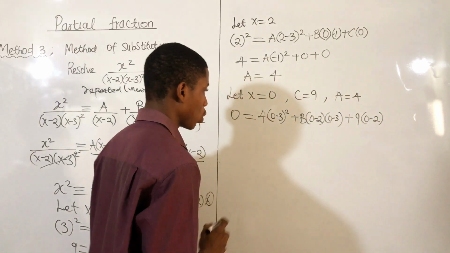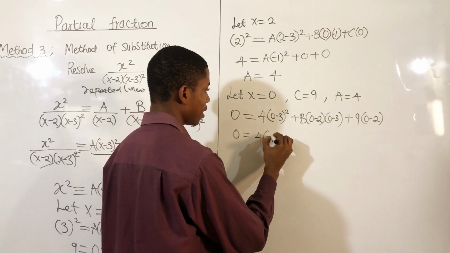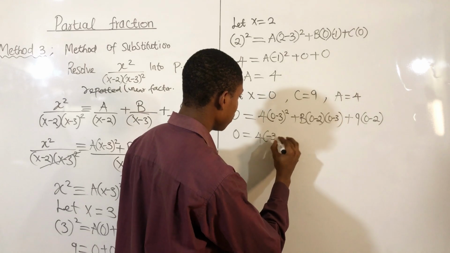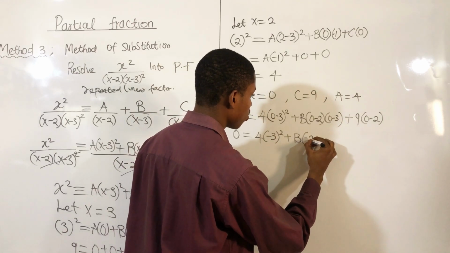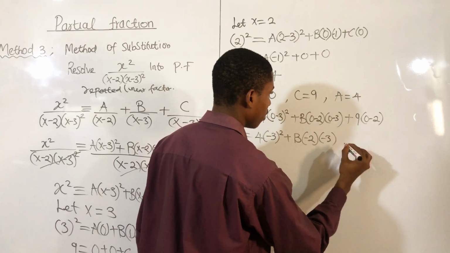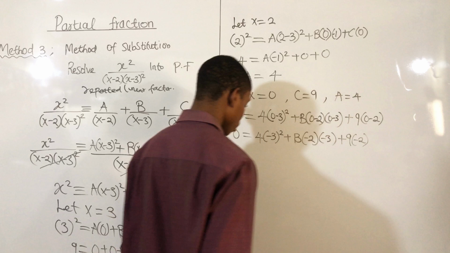So we're going to work with all this. We have that 0 is equal to 4 times (negative 3) squared plus B times (negative 2)(negative 3) plus 9 times negative 2.